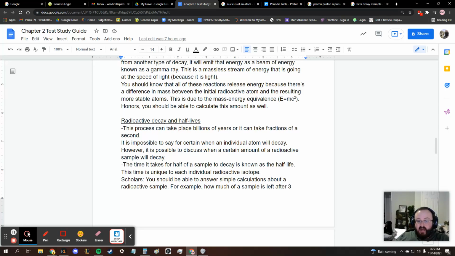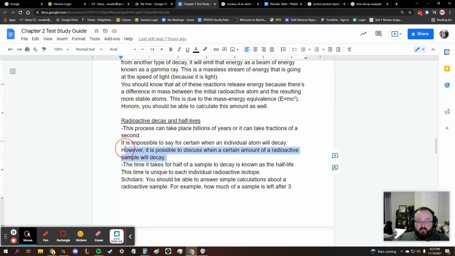It is, however, impossible to say when a certain individual atom will decay. If you were to watch through a lens one atom of uranium or any other radioactive isotope, you can never say for certain when that specific atom would decay. Instead, you have to follow the pattern of all of the atoms.